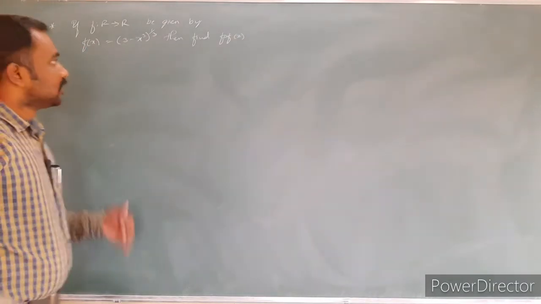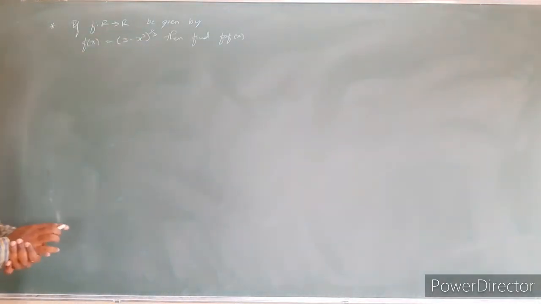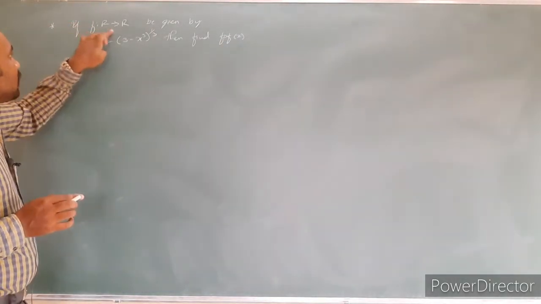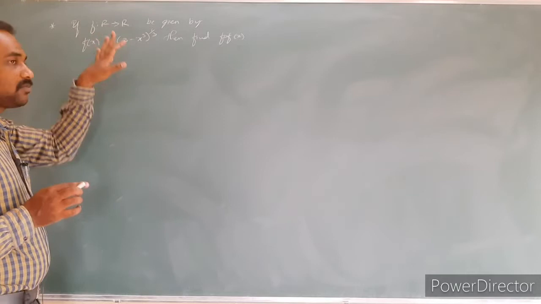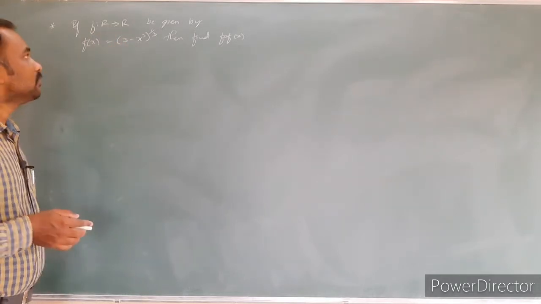This is based on the composition of functions, very important for 3 marks. I need to find f circle f of x, provided that f is a function defined from the set of real numbers to the set of real numbers, defined by 3 minus x cube whole power 1 by 3.